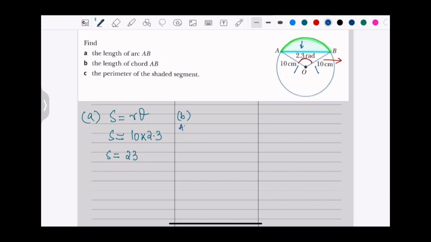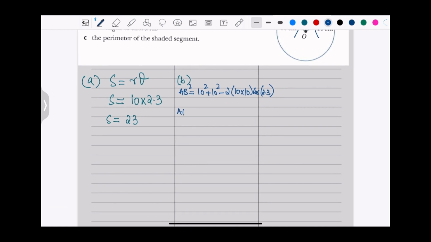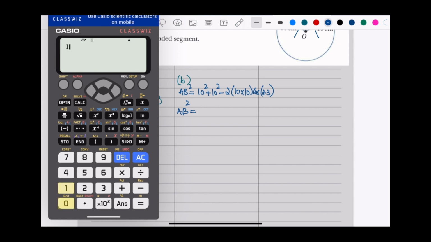So AB squared is going to be 10 squared plus 10 squared minus 2 times 10 times 10 cos of theta, which is 2.3, the angle facing the sector. And AB squared, I'll just apply straight away in the calculator, 10 squared plus 10 squared minus 2 times 100 cos 2.3.